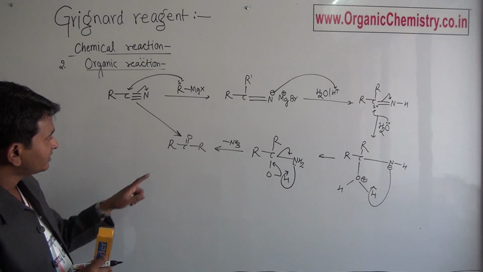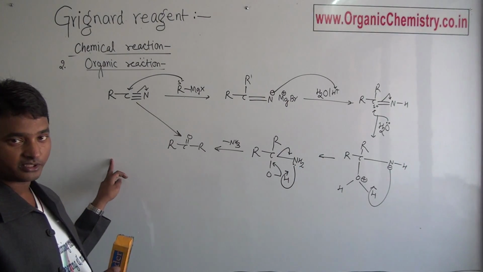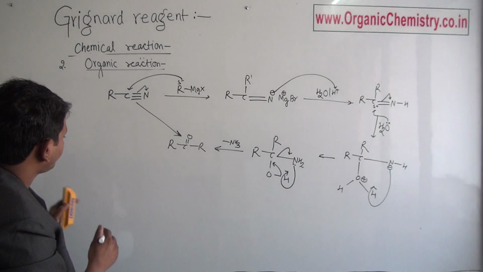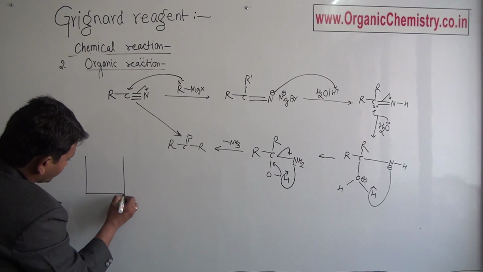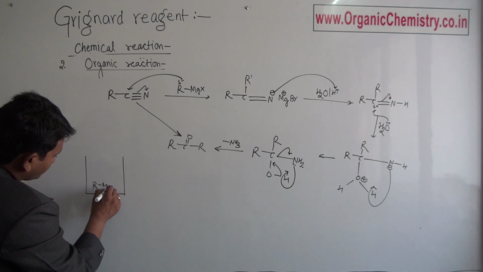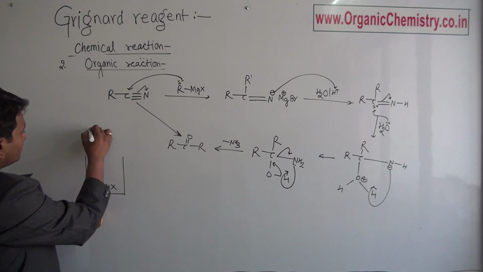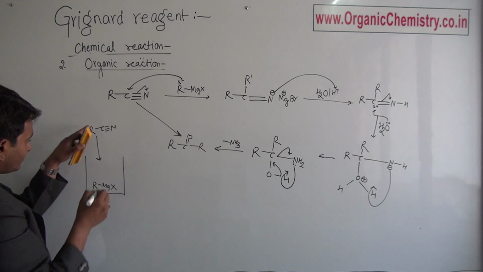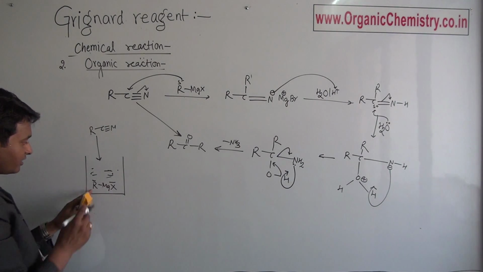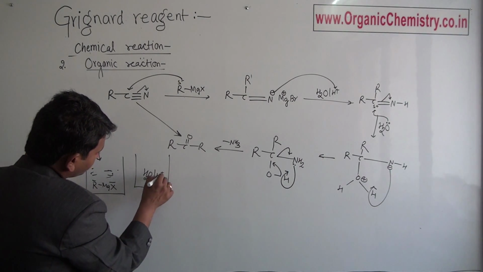Important part is this: this ketone will not react with another RMgX to give alcohol as a product, as I told you in acid halide, anhydride or ester, because this is a container in which RMgX is there. We added RCN in this reaction container. The chemical reaction occurs in this part. Now, this particular molecule has water.